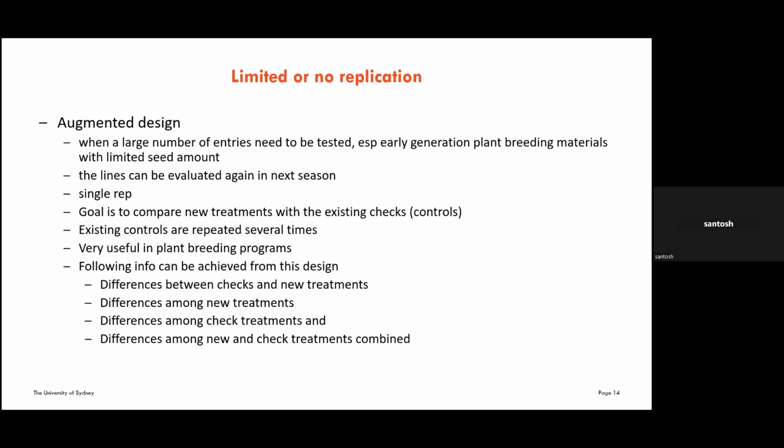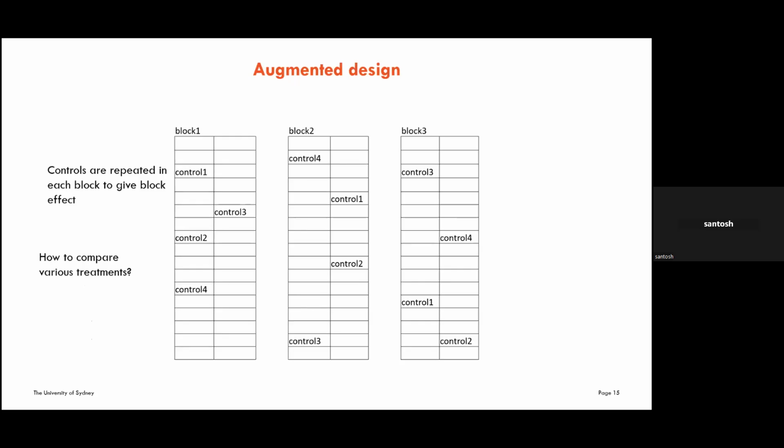I think you were taught yesterday about data analysis. So you can measure differences among check treatments, among new treatments, and between checks and new treatments. All these you can measure in this augmented design.